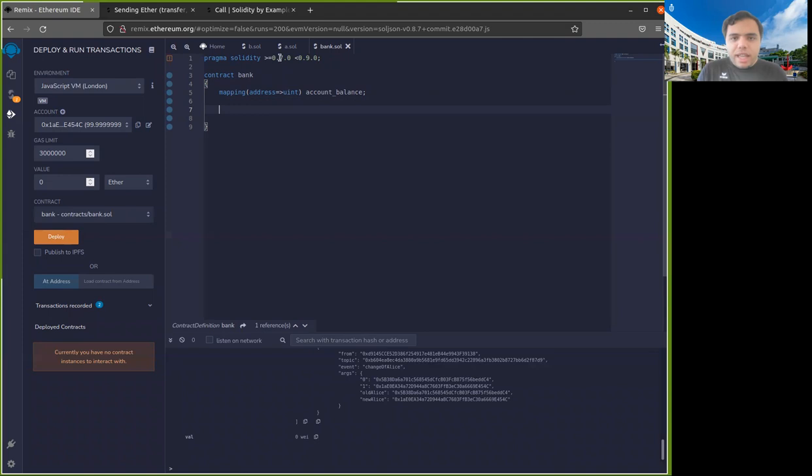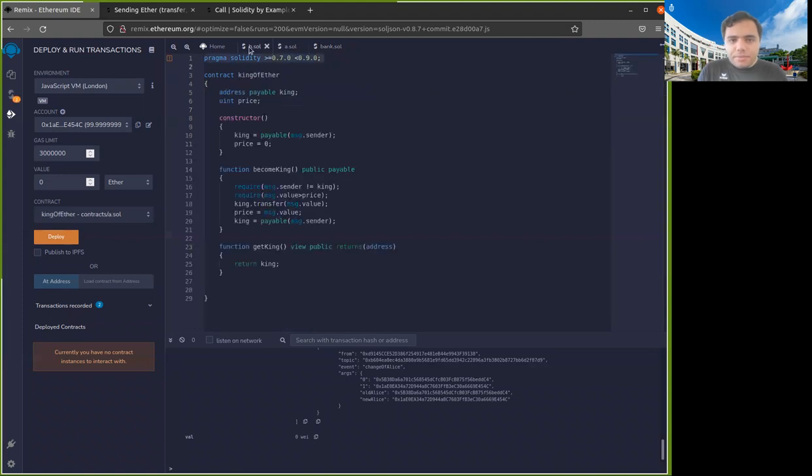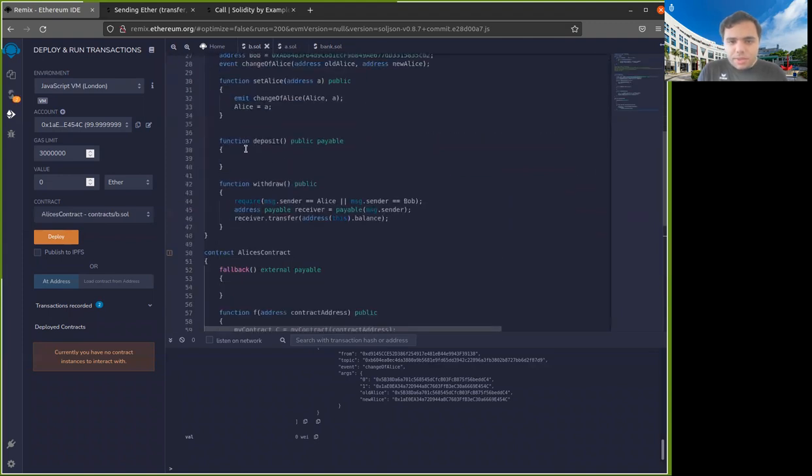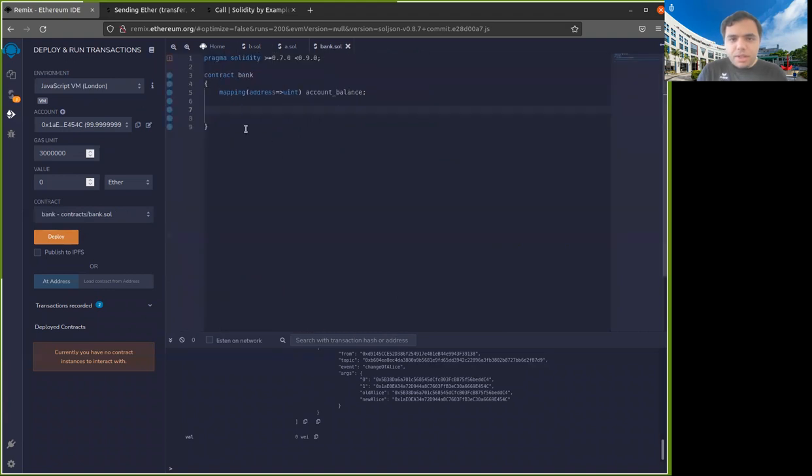Now, as we had in the previous contract, we can just have a deposit function. So I can have a function deposit, which is public and payable because people should be able to pay it.